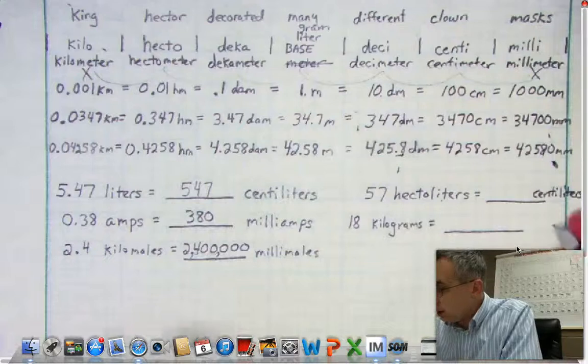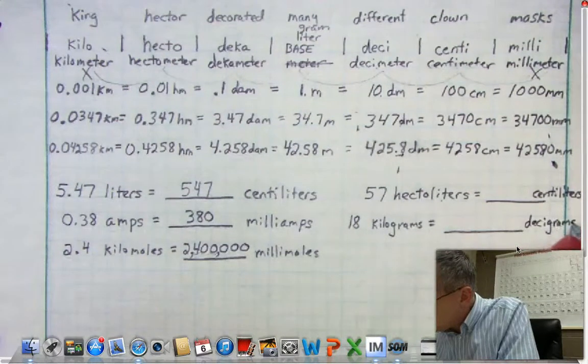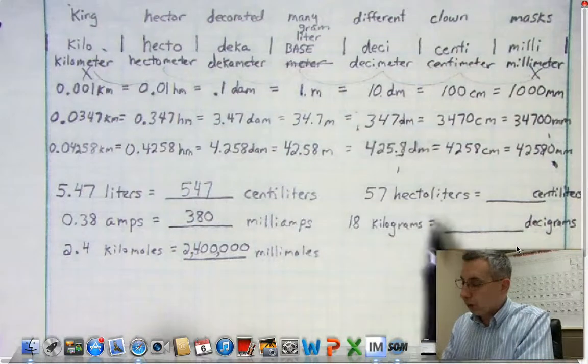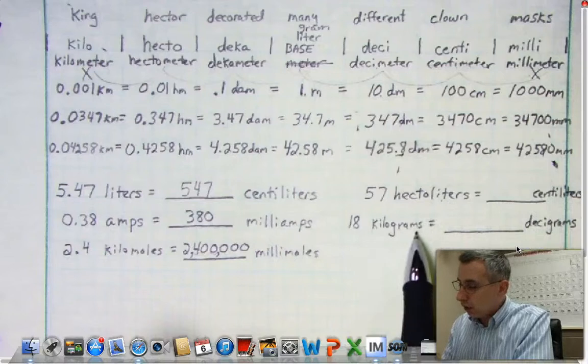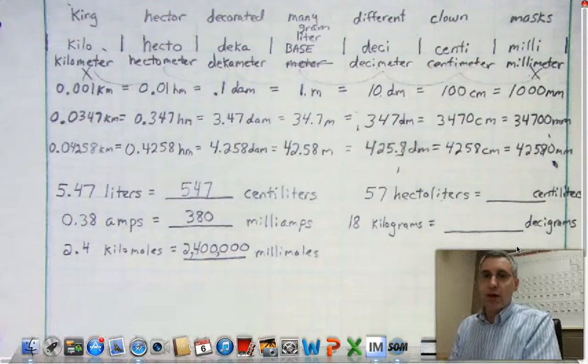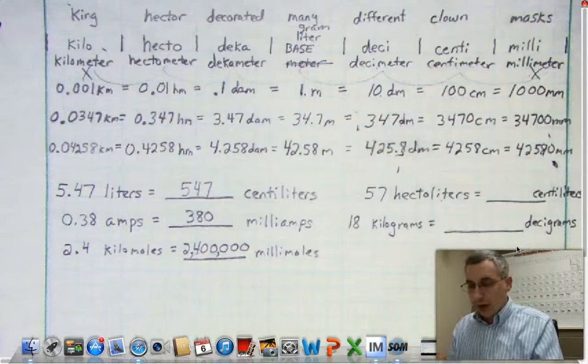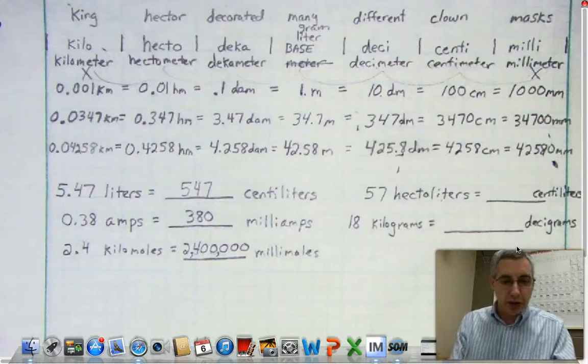Please change that into decigrams. So here are your two problems. 57 hectoliters, you need to change it into centiliters. 18 kilograms, you need to change into decigrams. So please press pause on the video and take a few minutes right here to work it out, get your answer, and then press play and check your work.